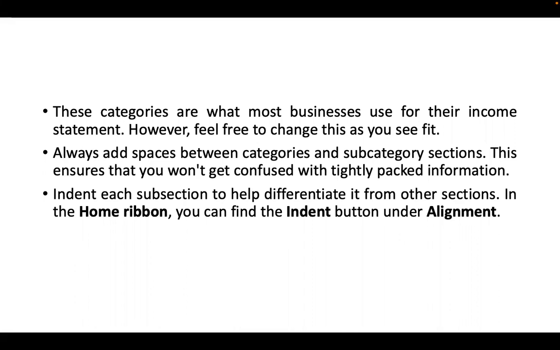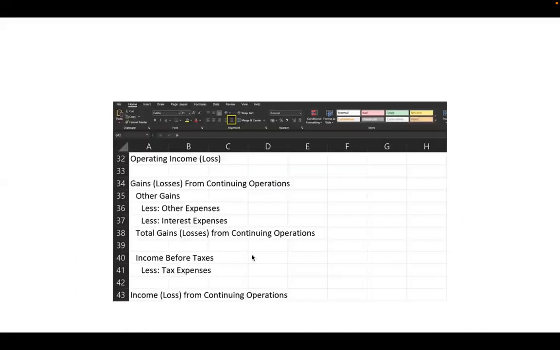We can see where the separation is, and indent each subsection to help differentiate it from other sections. In the Home ribbon, you can find the indent button under Alignment. So this is the alignment part. As I told you earlier, based on your understanding or requirement, we have to format the Excel sheet we are working on.